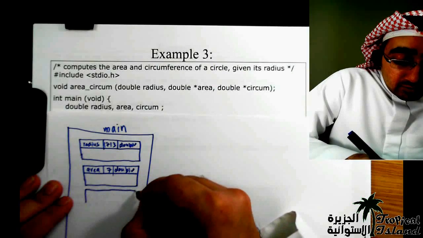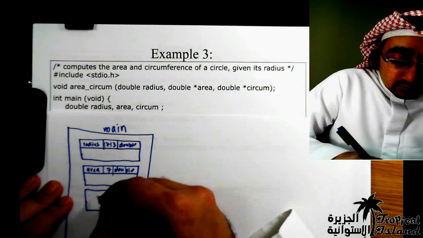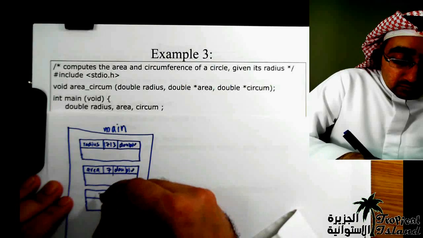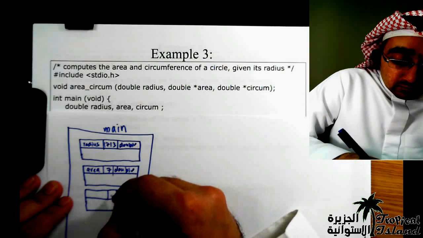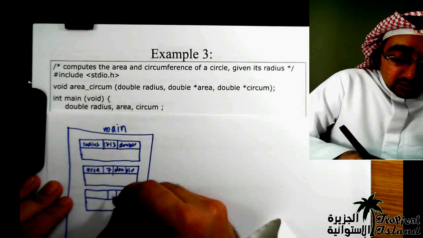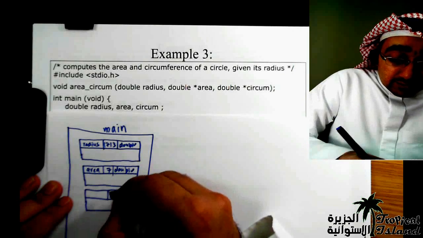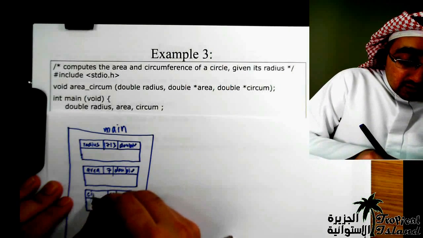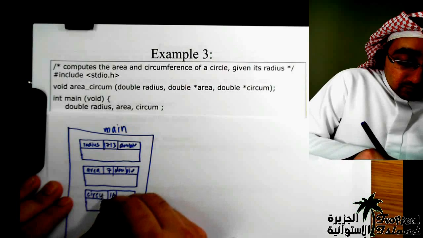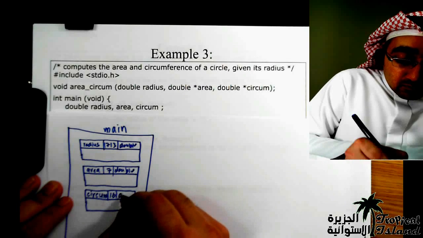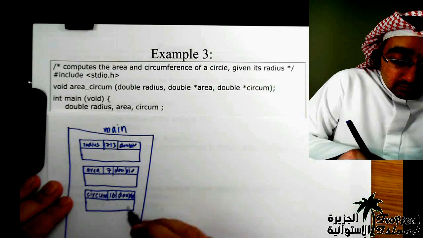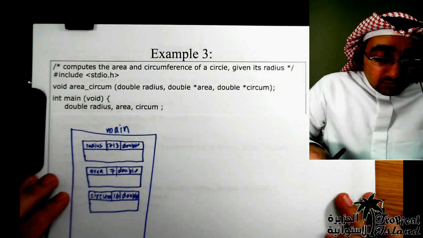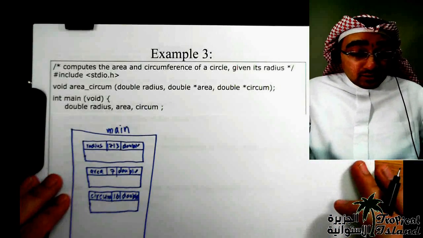And the third one, this might be at memory address number 16. The name is circum. And the type is double. Okay, so all of them contain, when we declare them, random values.